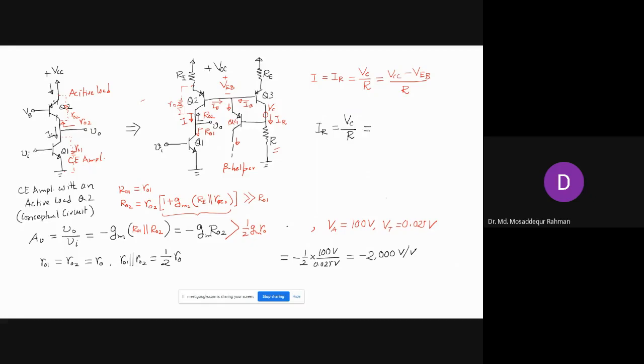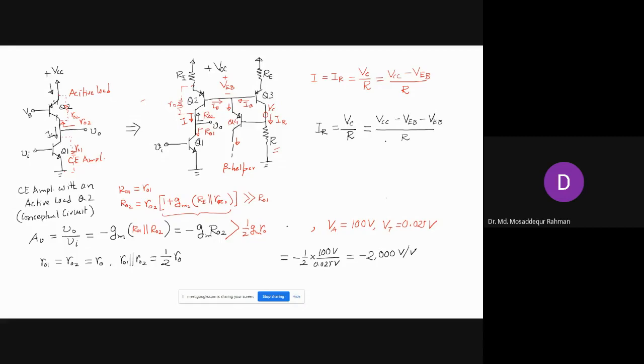Now, what is VC? Now VCC minus VEB minus the voltage drop in Q4, which will be also another VEB. So VCC minus VEB minus VEB.